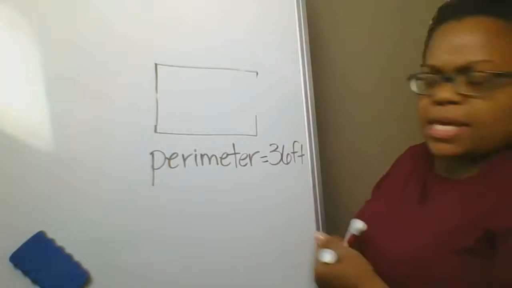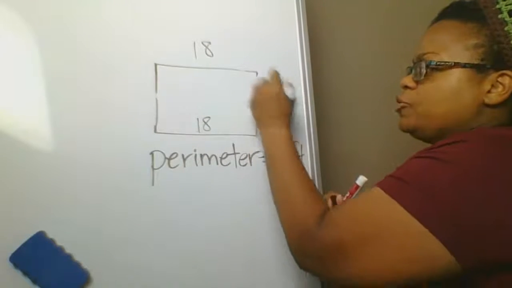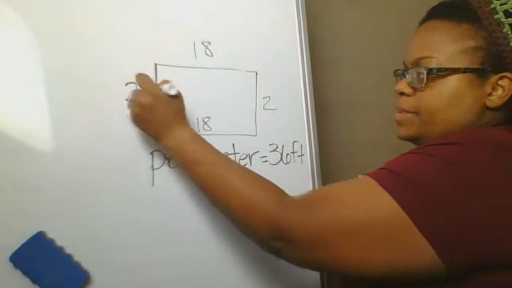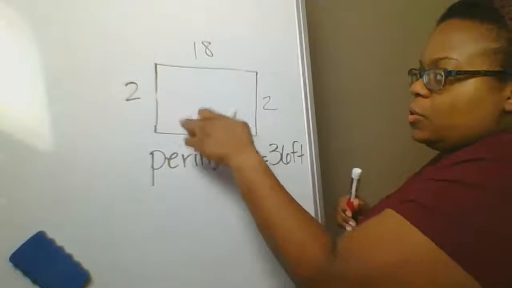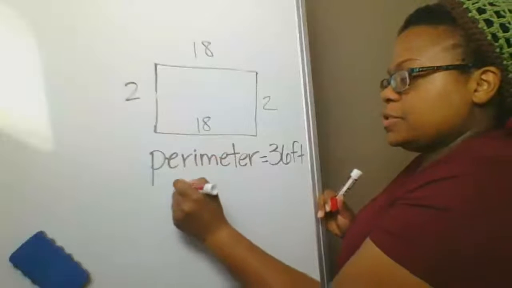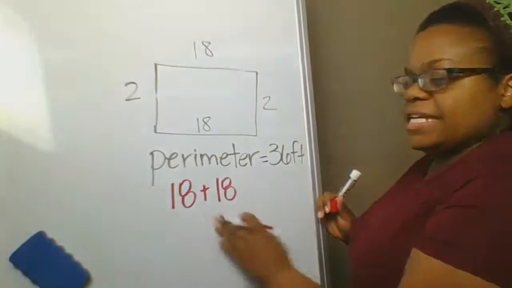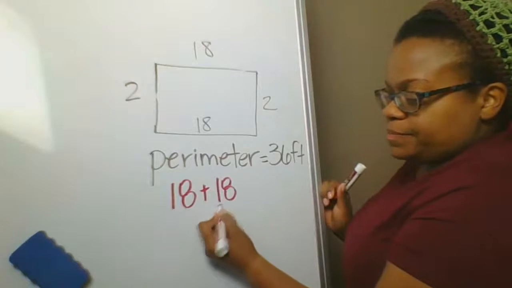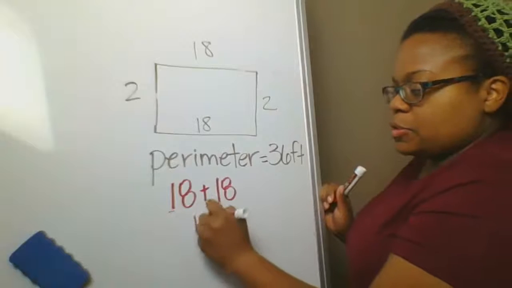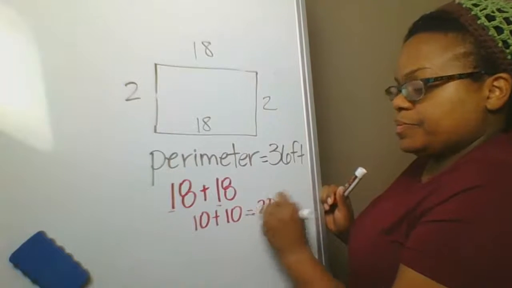Answer choice B said 18 by 2 feet. So I'm going to go ahead with my equation. And we did the two big numbers first. We can do the two big numbers first again. 18 and 18. So let's add 10 and 10. So 10 plus 10 equals 20.